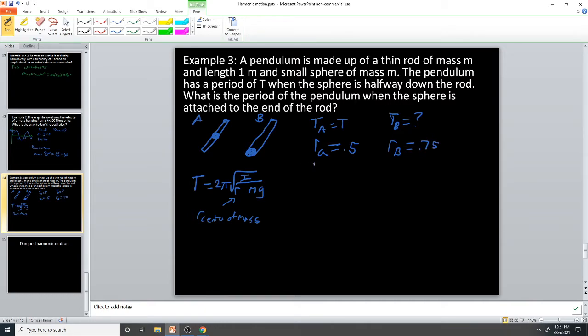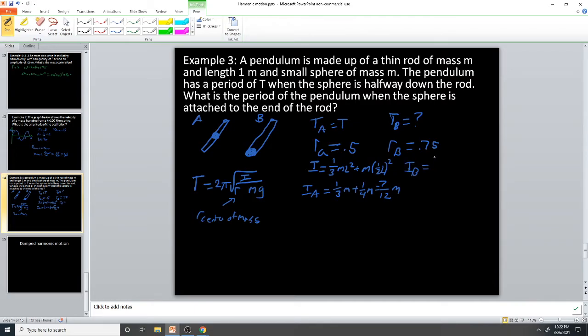Then we also have to do the I. I A is going to be I of the bar, which around one end is 1/3 m L squared, plus m r squared of the sphere. So that's m times (1/2 L) squared. And L is just 1, so I A is equal to 1/3 m plus 1/4 m, or 7/12 m.